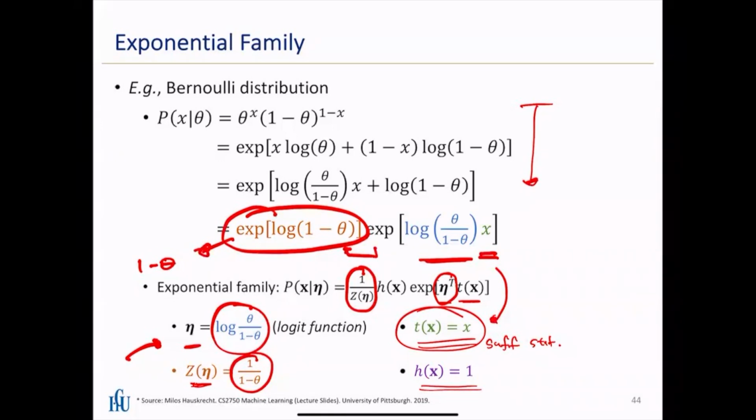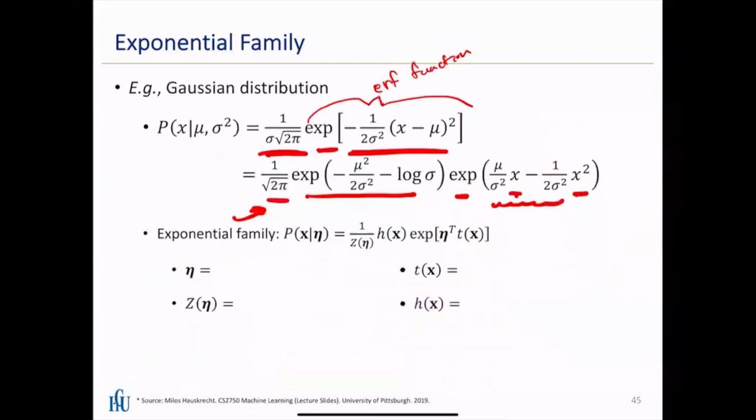Remember how we estimated the theta value for Bernoulli: that was simply the number of heads over the number of trials, which is the mean of the observation. That is again clearly visible after analyzing things in terms of the exponential family. The sufficient statistic for Bernoulli is simply x, and in order to estimate the maximum likelihood, we need the mean of x. That is what maximum likelihood was stating.